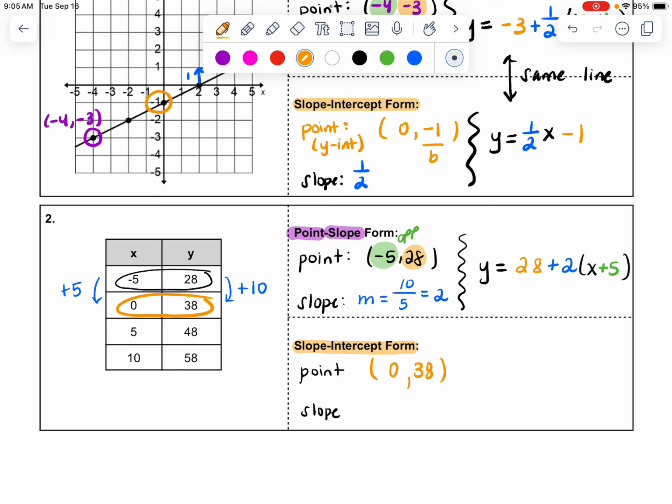I have to use the one with a 0. Now my slope would still be the same slope I already found, so I'm going to just copy it down. It's the 2. Putting those values together, I would write y equals m, which is 2, x, plus b, which is 38.